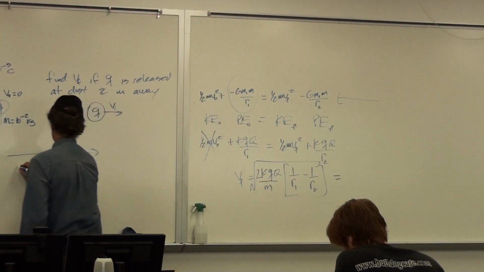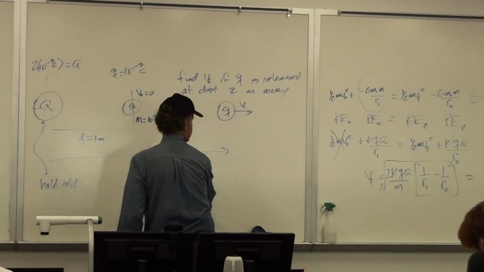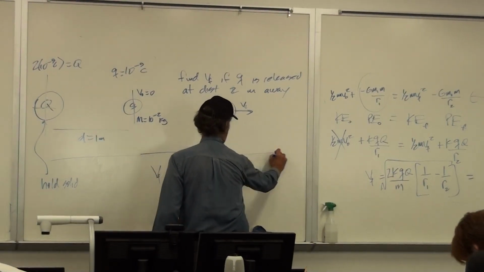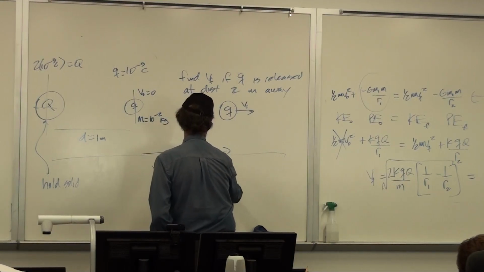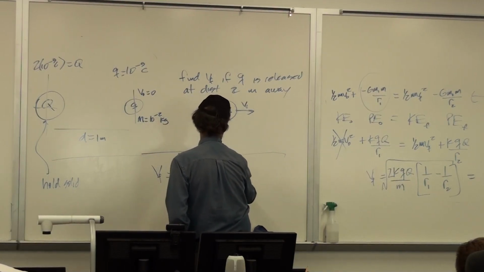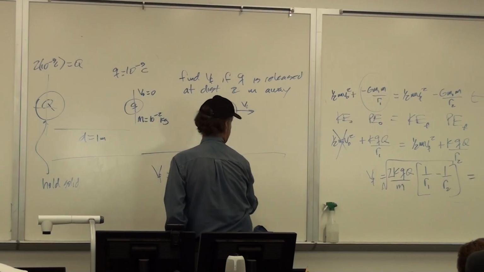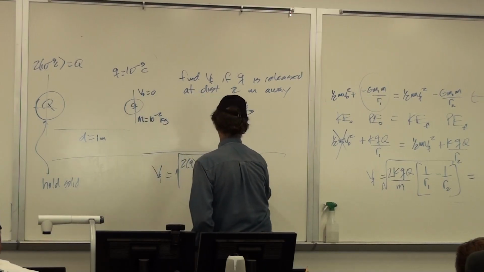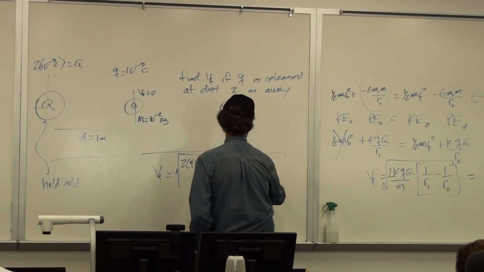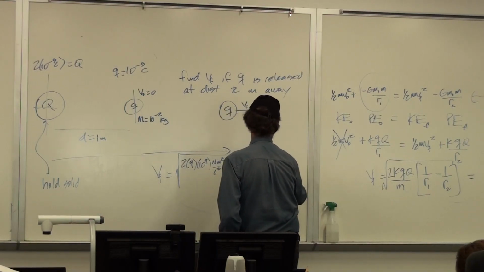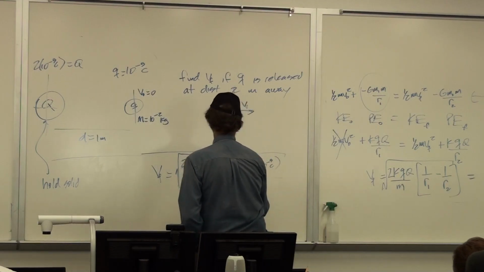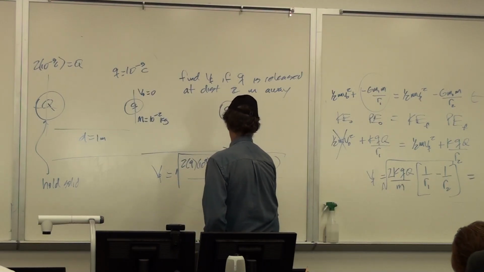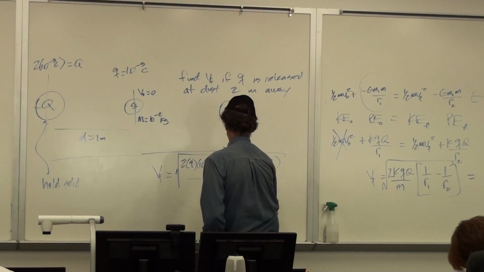So V final then here would be equal to square root of 2k, 9 times 10 to the 9 Newton meters squared per Coulomb squared, times little q, 10 to the minus 5 coulombs, times big Q, 2 times 10 to the minus 5 coulombs, all divided by m, which is 10 to the minus 2 kilograms.